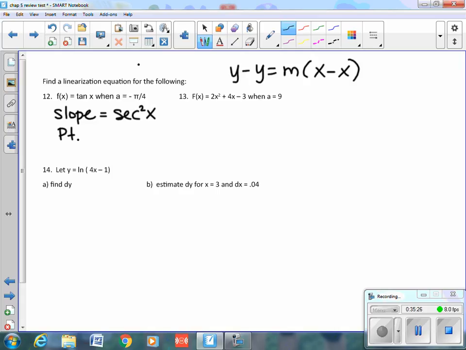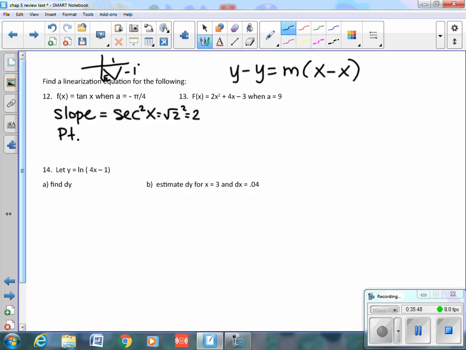And then you're going to put in negative pi over 4. Isn't that negative 45 degrees? Secant is 1 over cosine, 1 over the square root of 2 over 2, which is really the square root of 2. So if you take the square root of 2 and square it, you get 2 for the answer.